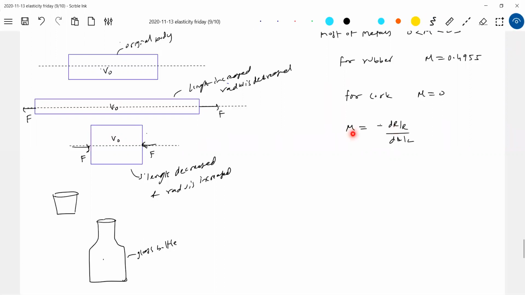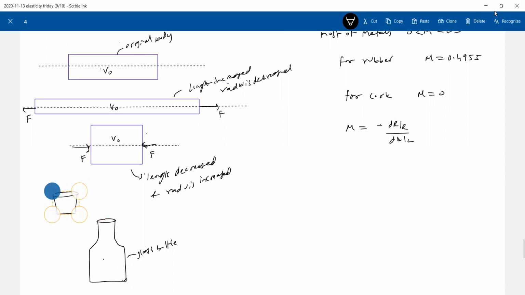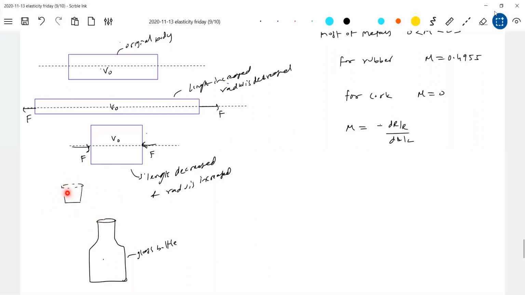If mu is zero, there won't be a change in radius. So what I do is, I'll bring the cork here. It's a very beautiful science involved here, and I just wanted to explain.